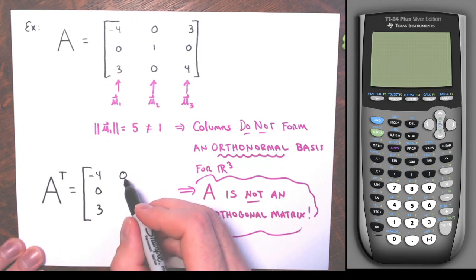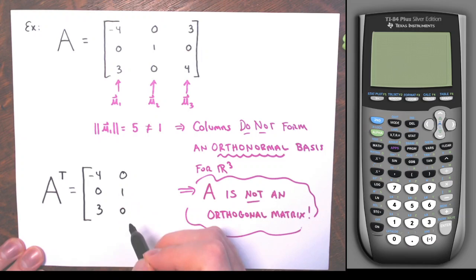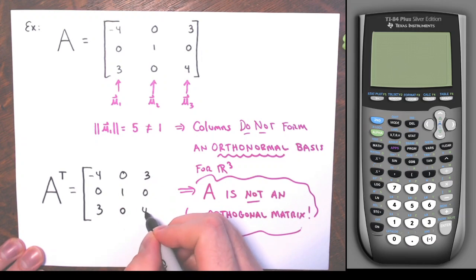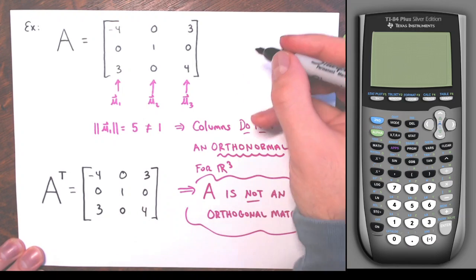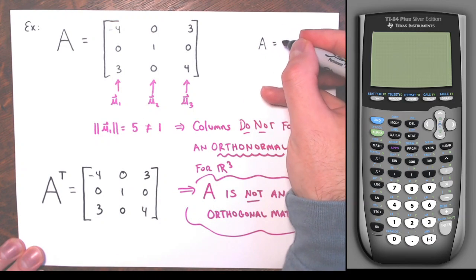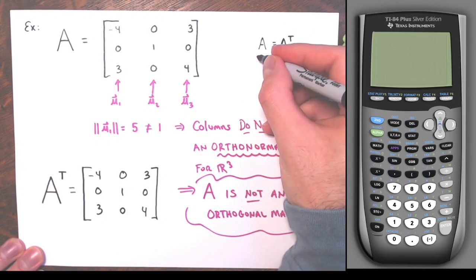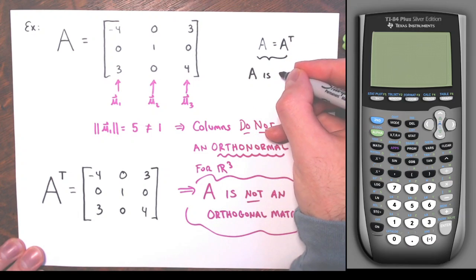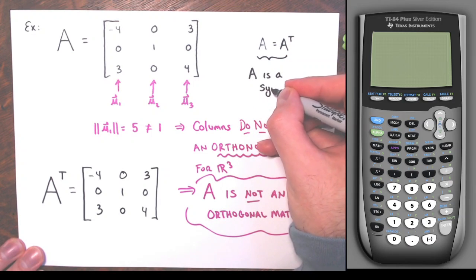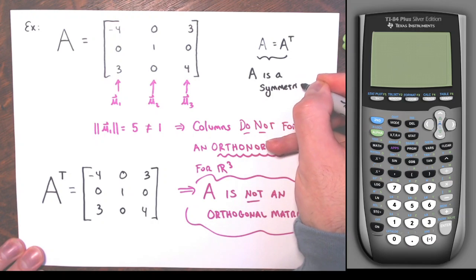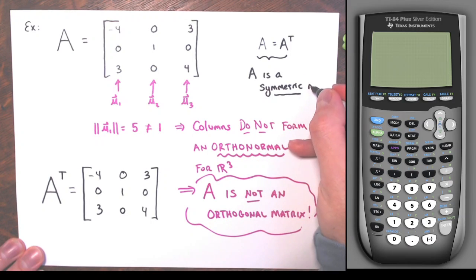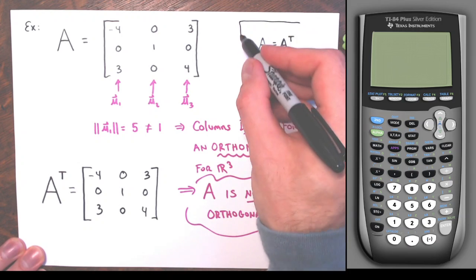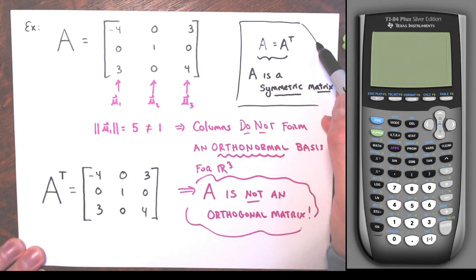In fact, look, this is what they call a symmetric matrix. Right, 3, 0, 4. Do you see that A and A transpose are the same? And that means that A is a symmetric matrix. A symmetric matrix is simply a matrix that is the same as its own transpose. All right, but that doesn't mean it's orthogonal.